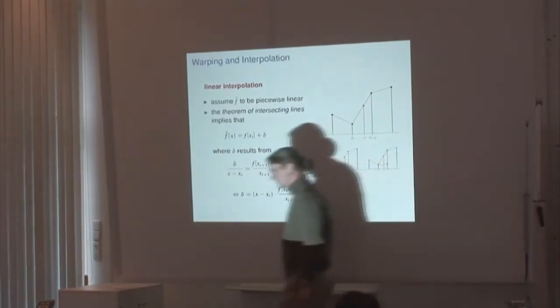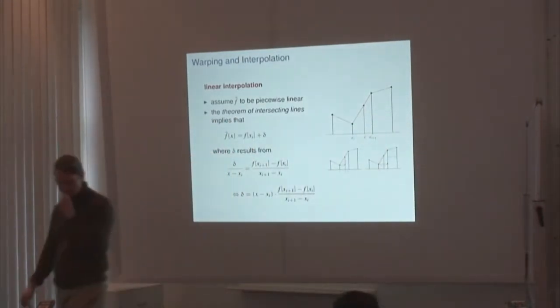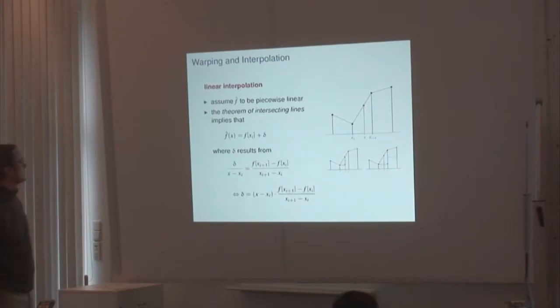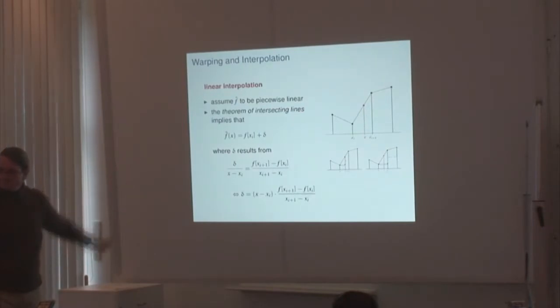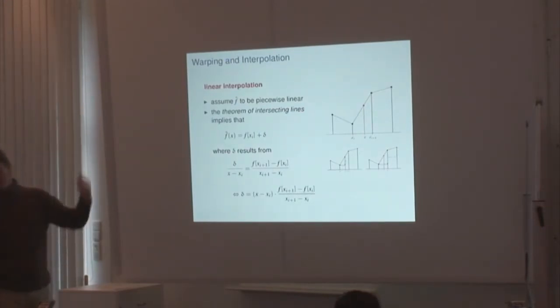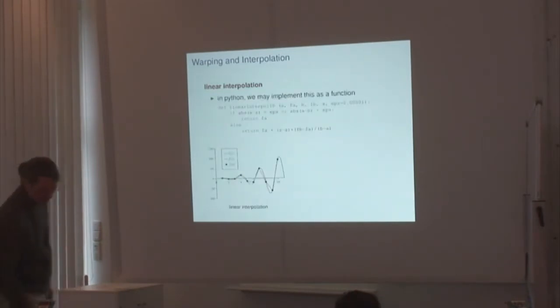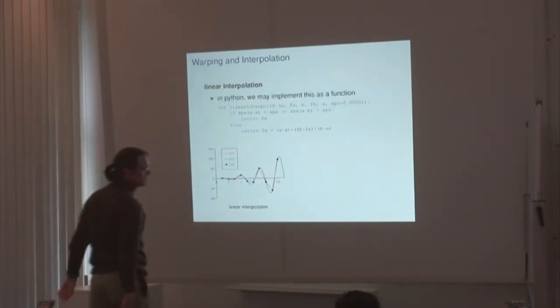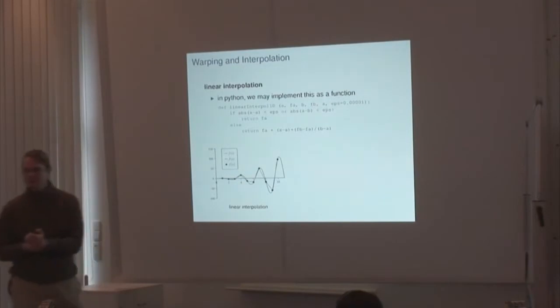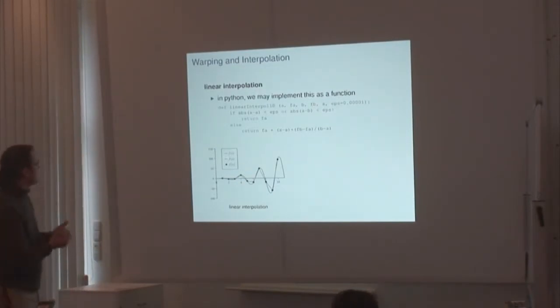And we solve that for delta, and there we are. Right? This is linear interpolation. Is this a good idea? Yes, it is. It's of certain value in practice. I say in Python we may implement this as so.